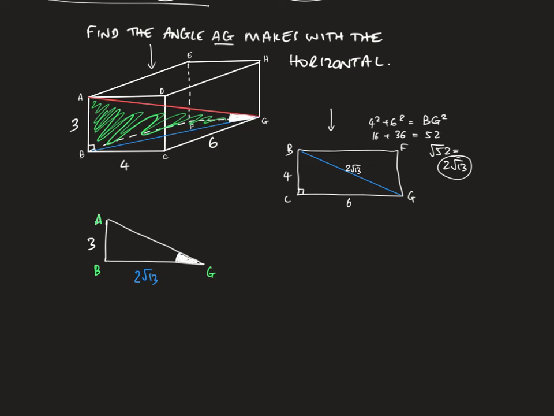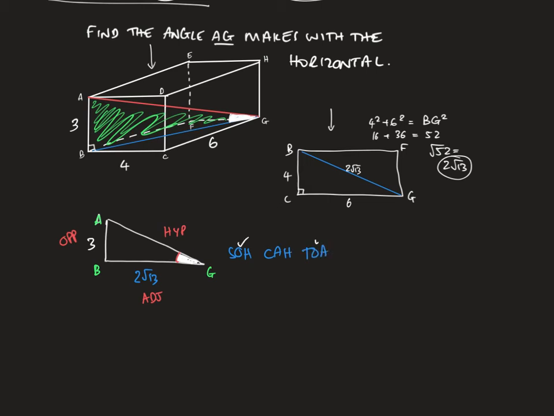So what we then do is we label our sides. We've got our opposite, because it's opposite this angle here. We have our hypotenuse, and we've got our adjacent here. Then again, we write SOHCAHTOA. I'm going to tick the ones that we know.